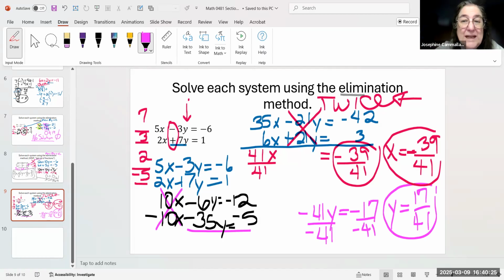Now, we did elimination twice, but I always find it's better to check it because this system, my 2 answers of x and y are correct. X is negative 39 over 41 and y is a positive 17 over 41.